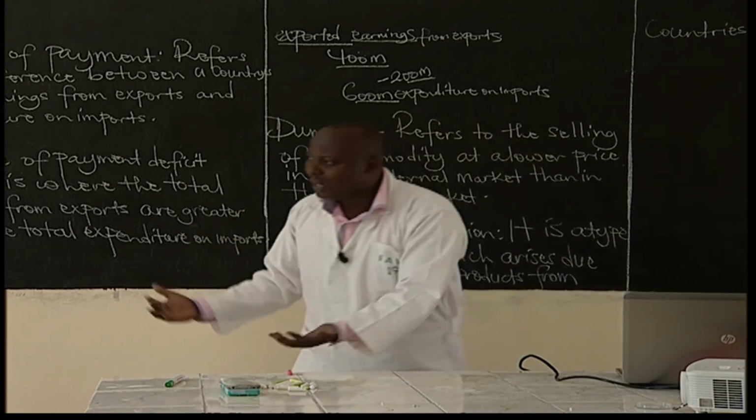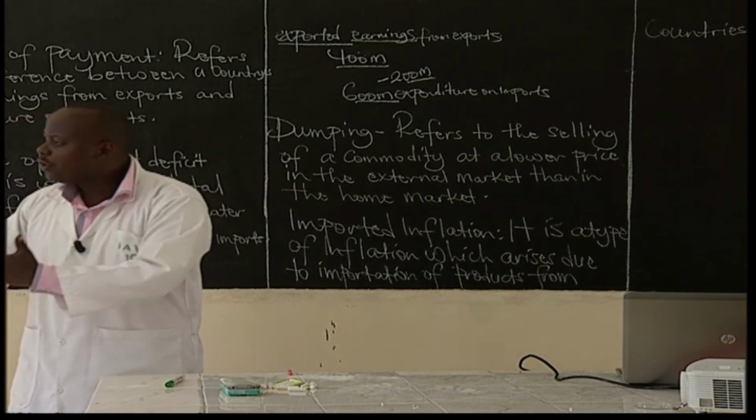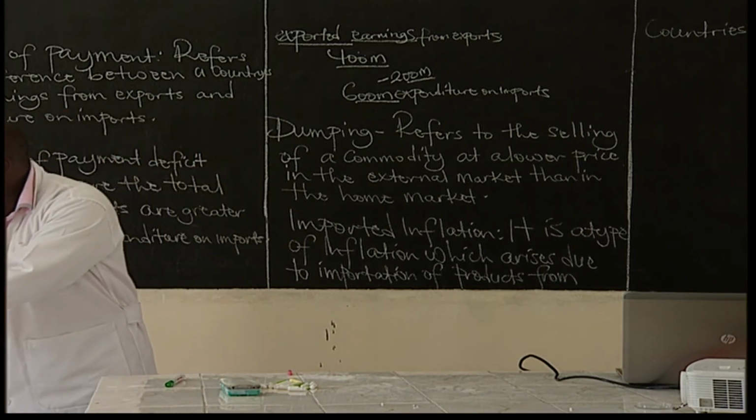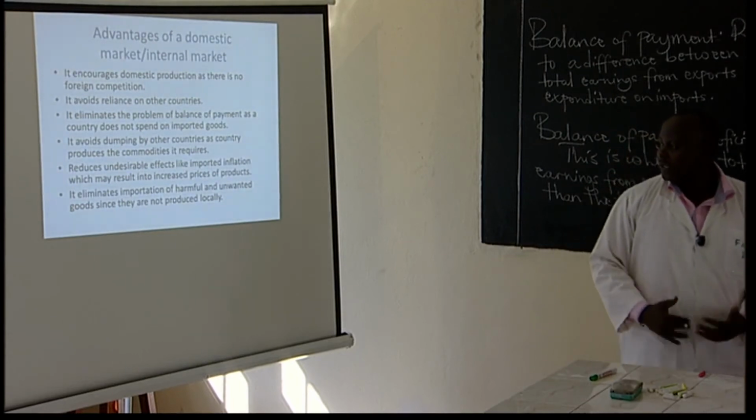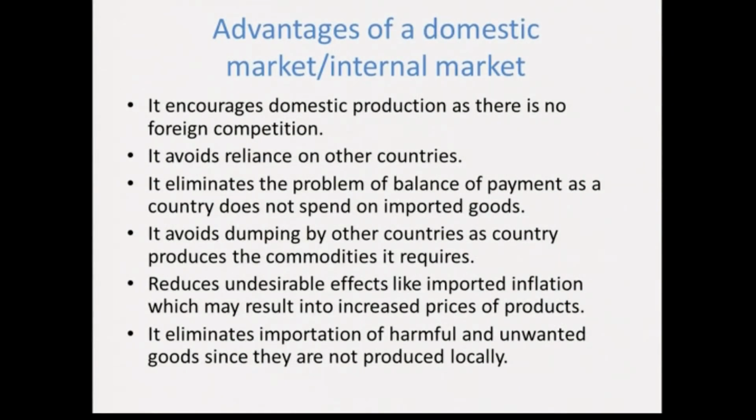With an internal market, a country does not trade with other countries, so it reduces the importation of harmful and unwanted goods since they are not produced locally. Those are all the advantages of an internal market.